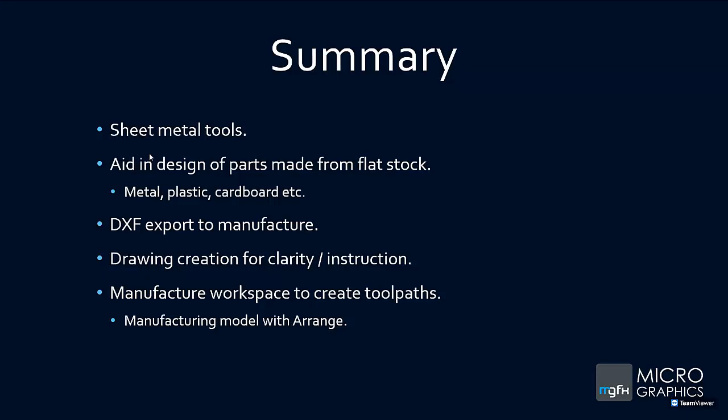I quite like this arrange feature for the fact that it promises better things in the future. It's a nice start to getting nesting into Fusion 360. That is basically the quick summary of the sheet metal tools within Fusion 360.